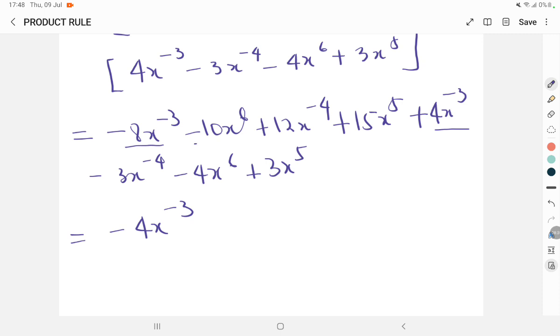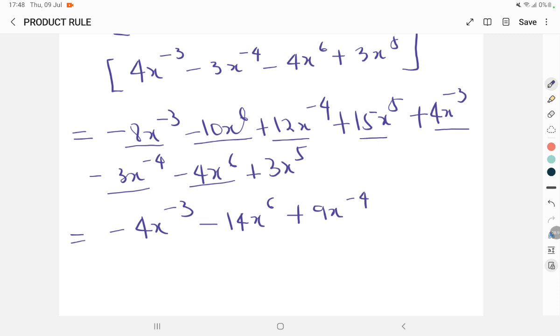Then we check this one and this one. We're gonna add them, which is gonna give us -14x to the power of 6, right? Then we check this one and this one, which is 12 and -3, is gonna give us positive 9x to the power of -4, right?